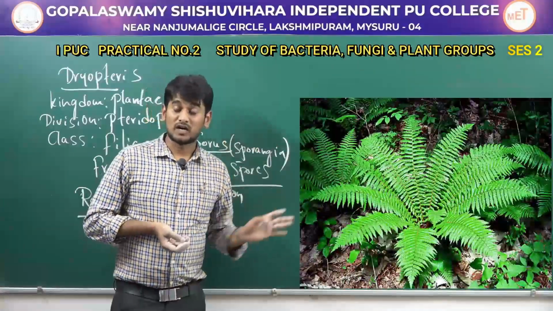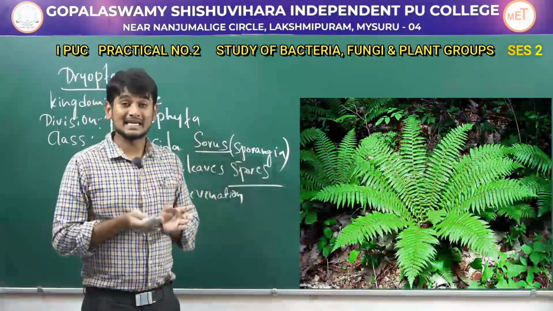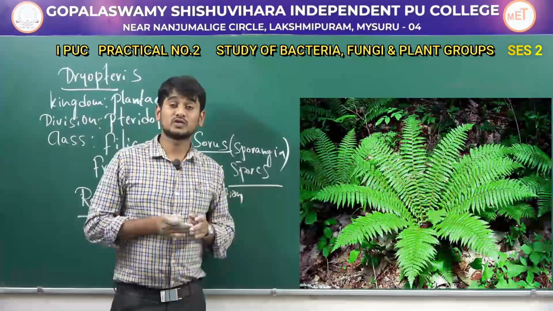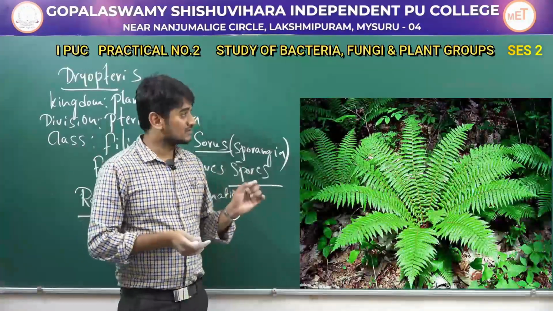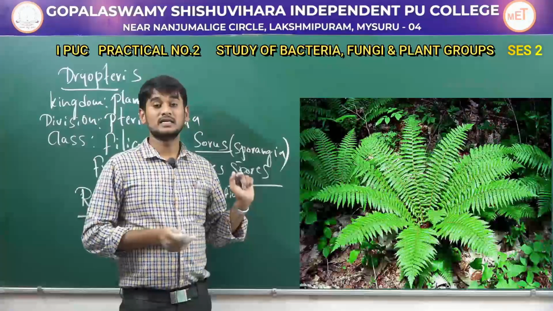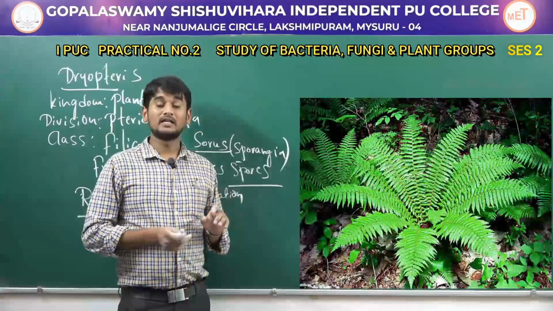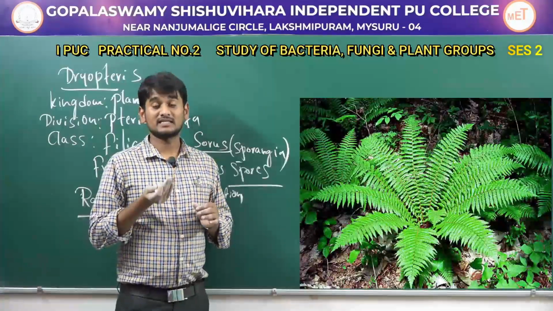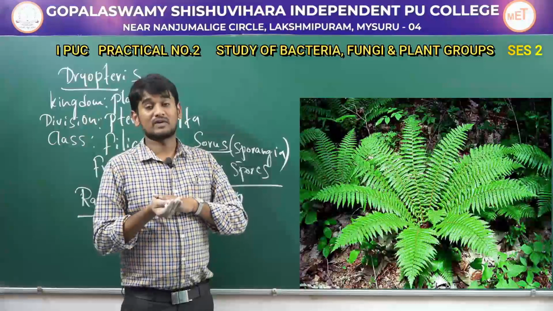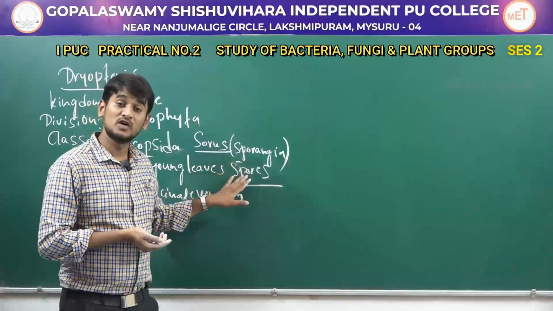Here the fronds with subterranean rhizome covered with scale leaves, and aerial shoot shows compound leaves called fronds, and the young leaf shows circinate venation and presence of brown hairs, that is called ramenta, and the midrib shows leaflets, and below the leaflets, which means the ventral side of the leaflets, presence of sorus with the sporangia. The sporangia release a number of spores.